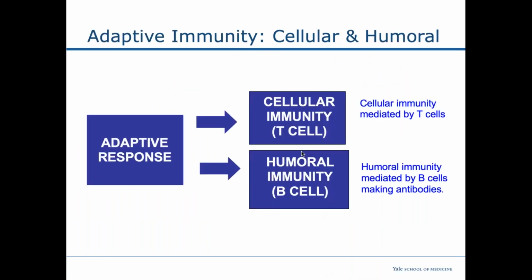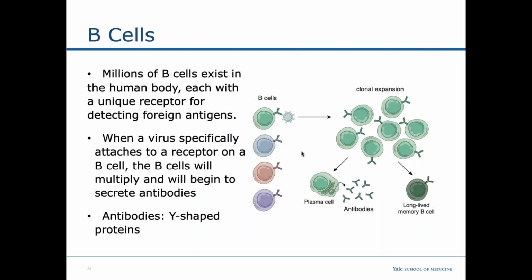Now, what happens? The adaptive immune system has two components. The T cells are for cell immunity, and the T cells themselves fight the microbe. The other is humoral immunity with the B cells, and these make antibodies, and I'll tell you what these are.